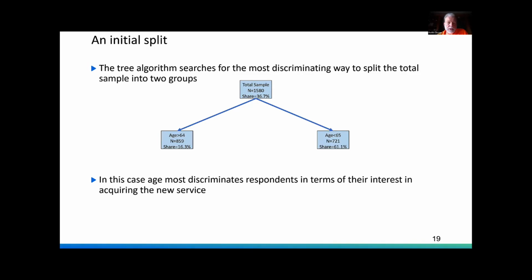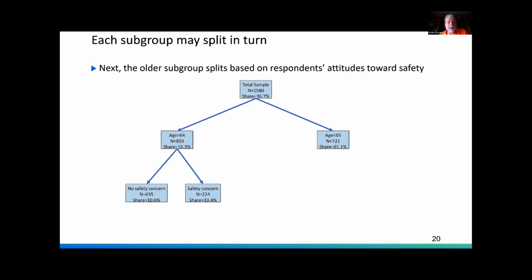If somebody is over 64 years old, they split to the left, and we see there's a 16% share for our product among those people. And if they're under 65, we see that there's a 61% share for our product among those people. So that's interesting.